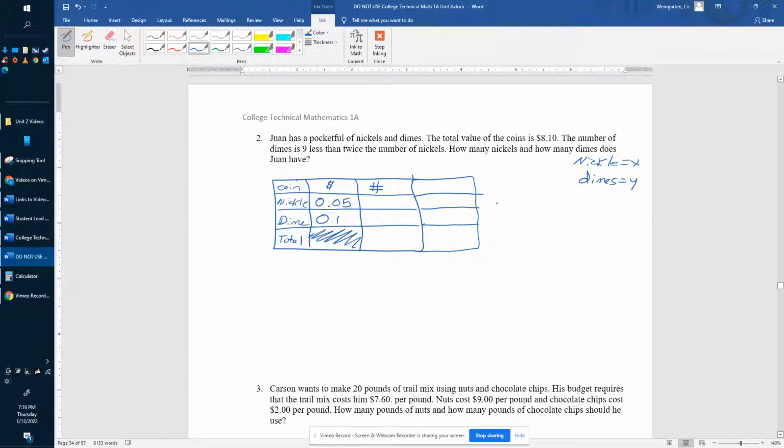So the number of dimes, y, is equal to 9 less than twice the number of nickels. So 2 times the number of nickels minus 9. So this is our dimes. Nickels is simply x, dimes is 2x minus 9. Total number of coins is going to be 3x minus 9, because we just add these two together.